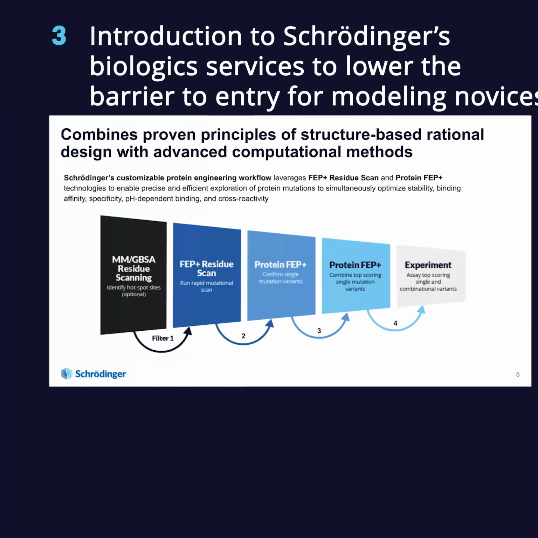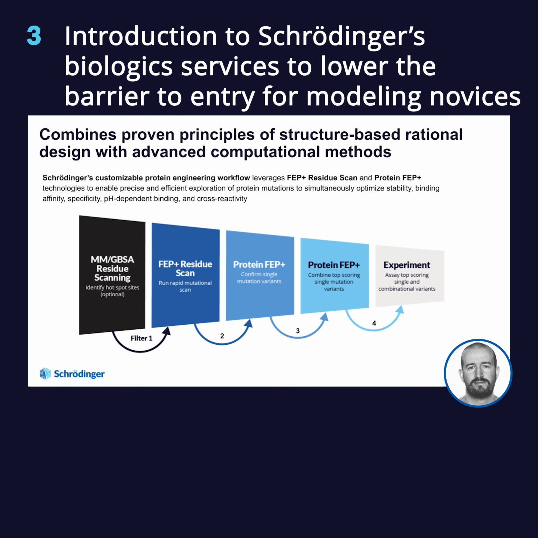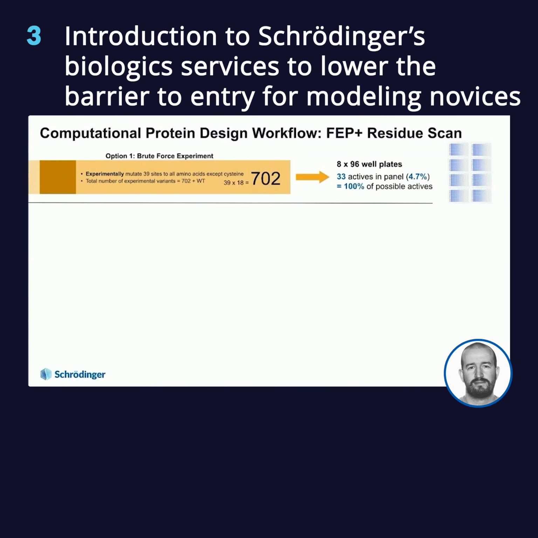And what we've developed is a hierarchical computationally driven approach, bringing together FEP residue scanning and protein FEP in order to shorten the project timelines and cost, and to recover those important mutations that we are interested in. If you were to compare this with, let's say, a brute force experimental approach, where you experimentally mutate those 39 sites to all amino acids except cysteine, as our collaborators did, making, testing, and expressing those, you would have 702 mutations.